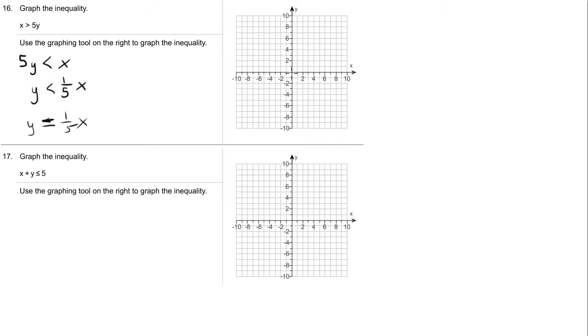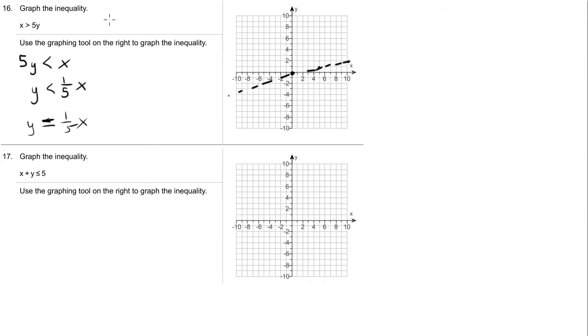So it's going to go through 0, 0, and then it's going to go up 1 over 5. Up 1 over 5. And then we'll just dash our way over. And y needs to be less than.